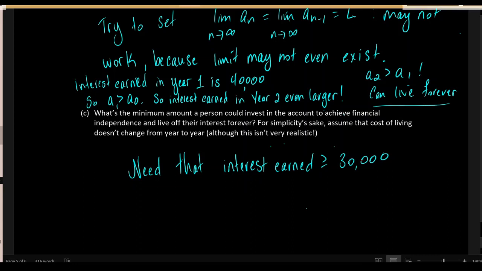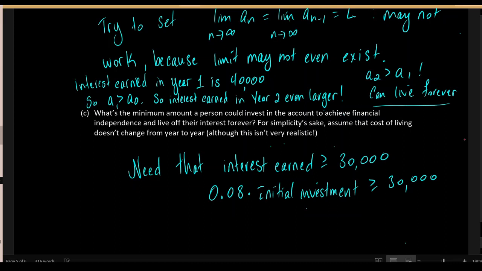So if we calculate the interest earned on that first year, initial investment, we need that to be at least as large as $30,000, or our account will begin to drain out and lose value.